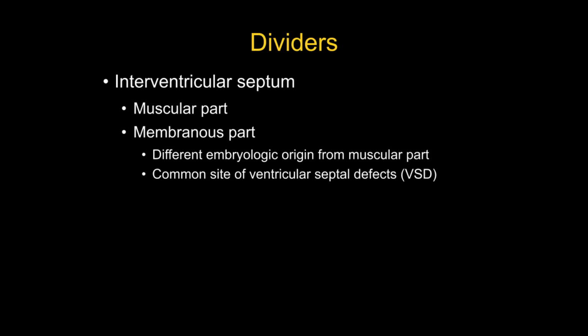And because of the fusion or the junction of where the muscular portion meets the membranous portion, this is where defects in the wall are most likely to occur, the so-called ventricular septal defects. So, depending on the size of these holes, there may or may not be enough mixing of the deoxygenated blood with the oxygenated blood.